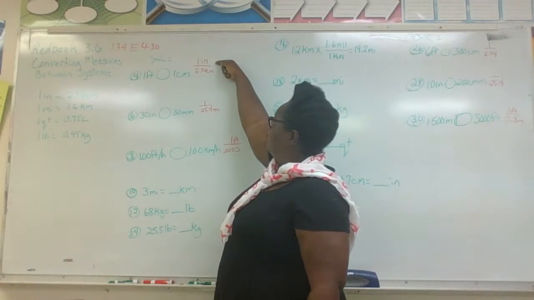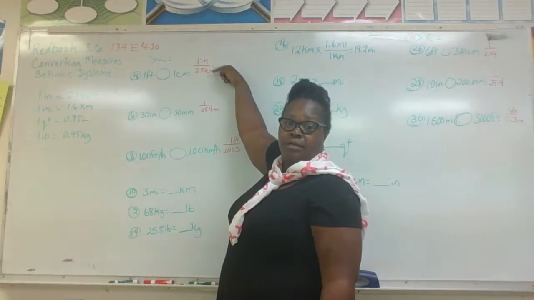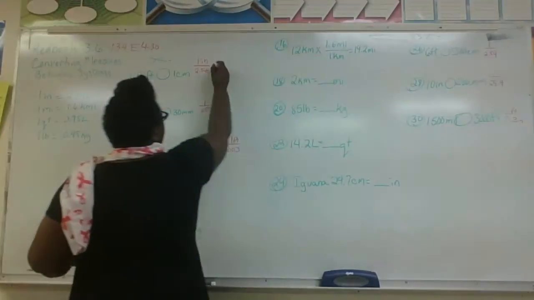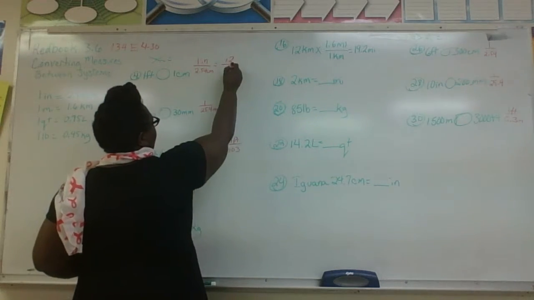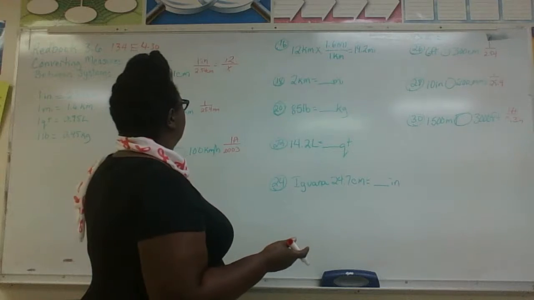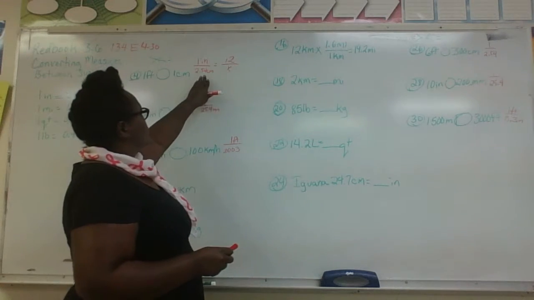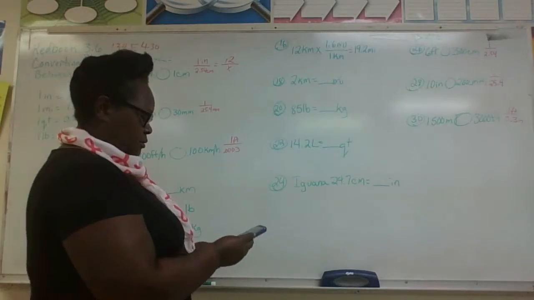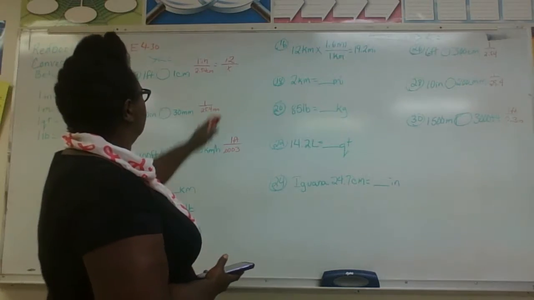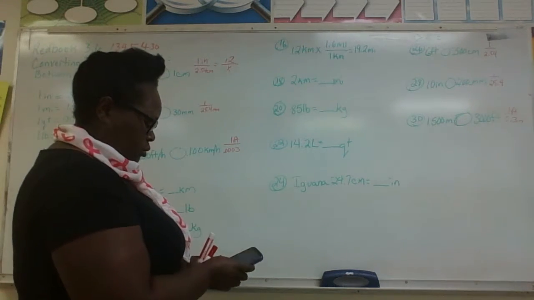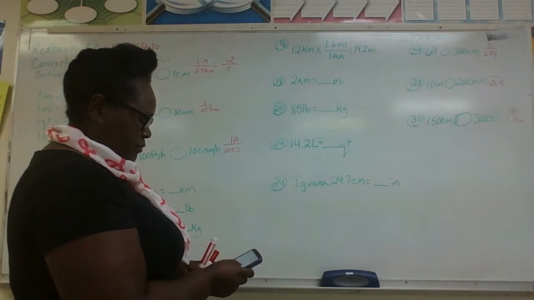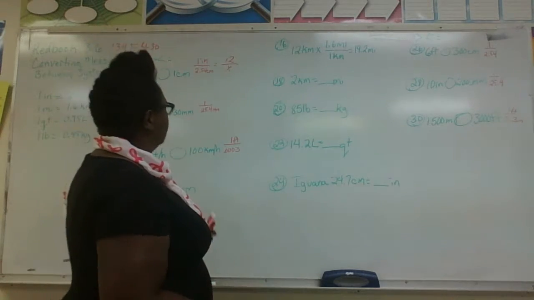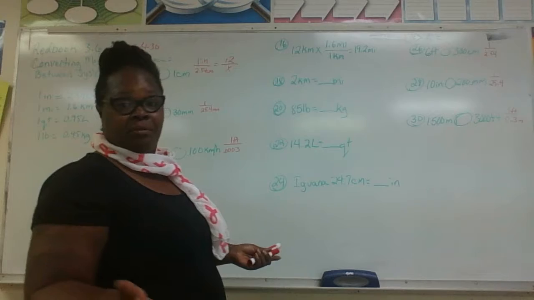Now, 1 inch equals 2.54 centimeters. If that's 1 inch, let's imagine if we had 12 of them. Then we would conclude, with a cross cancel, that 12 inches, 12 times the 2.54, is equivalent to 30 centimeters.